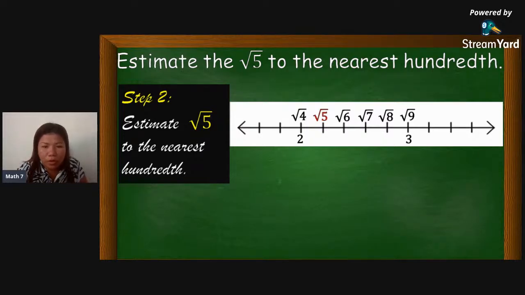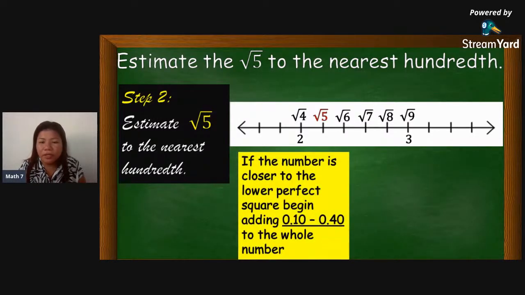Okay. So, let us have this. If the number is closer to the lower perfect square, begin adding 0.10 to 0.40 to the whole number. Kapag halimbawa, mas malapit siya sa lower perfect square. Ano bang lower perfect square dito, square root of 4 or square root of 9? Anong mas mababa doon?